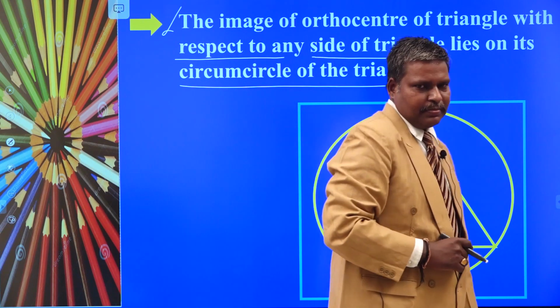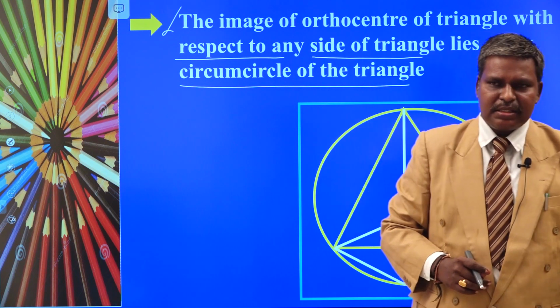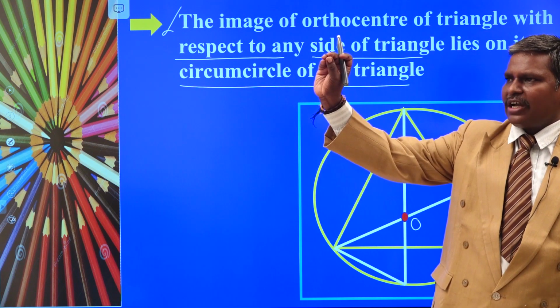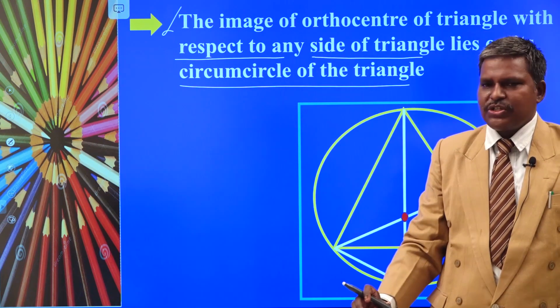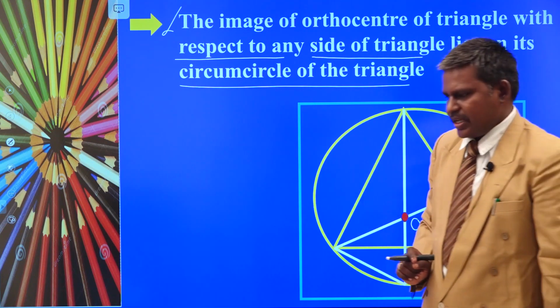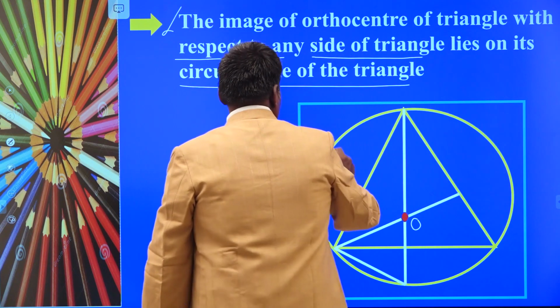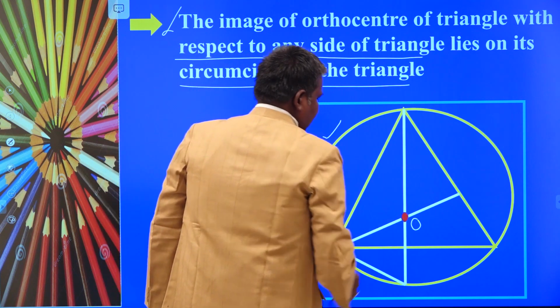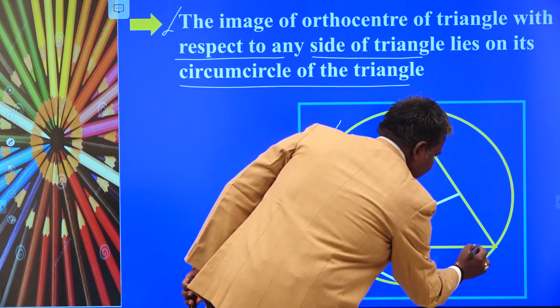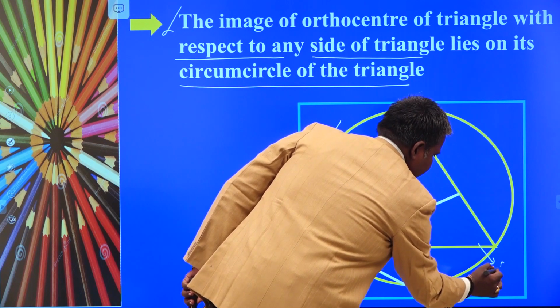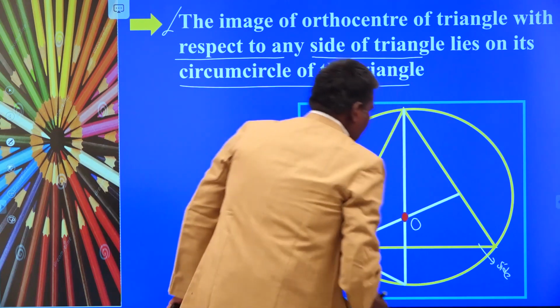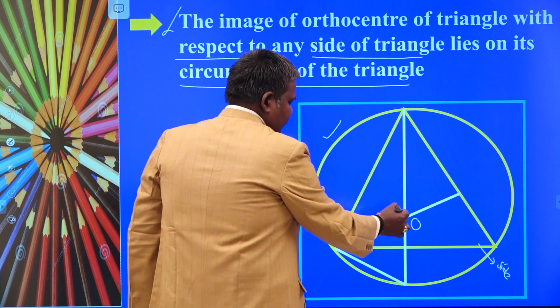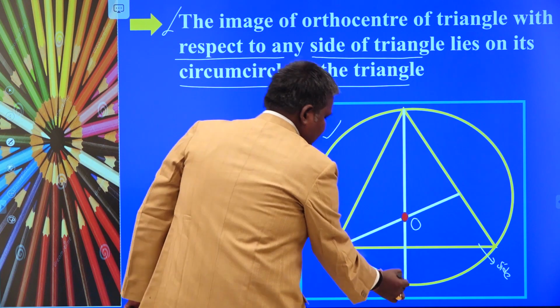What is your aim? You have to show that the image of the orthocenter must and should lie on the circumcircle. This is your circumcircle. Am I correct or not? This is the orthocenter. Take one side. This is one of my sides. I am going to find the image of this orthocenter with respect to this side.